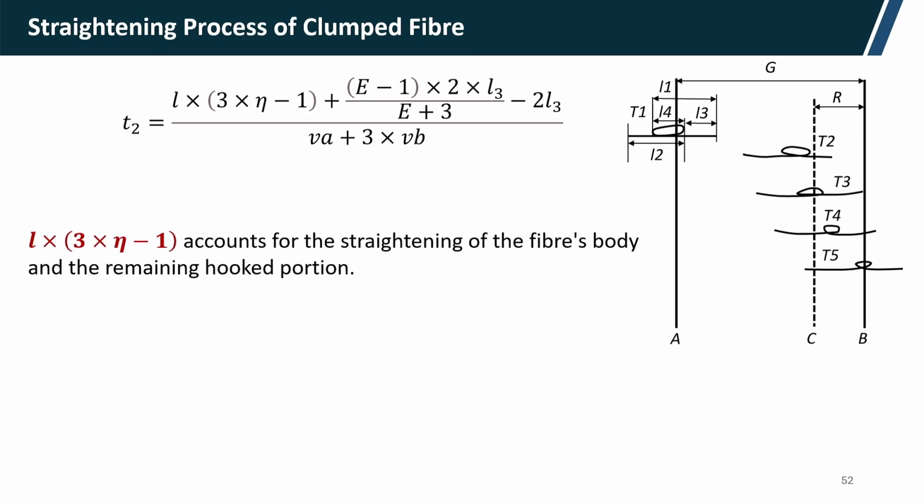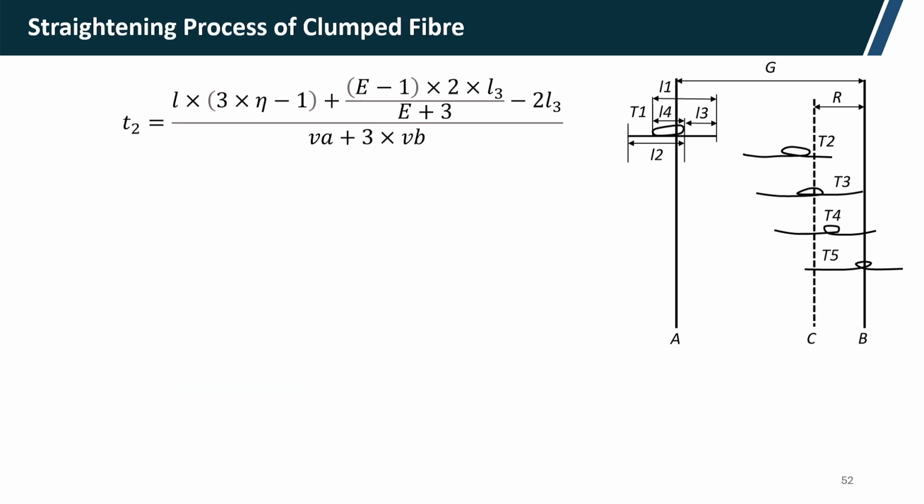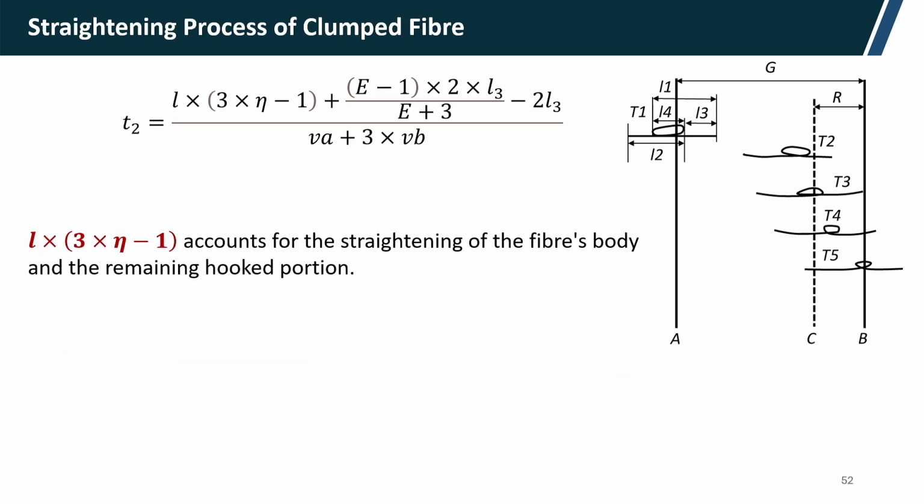So, we can see here that was T2. Here, this L3 (3 eta minus 1) accounts for the straightening of the fiber's body and remaining hook portion.